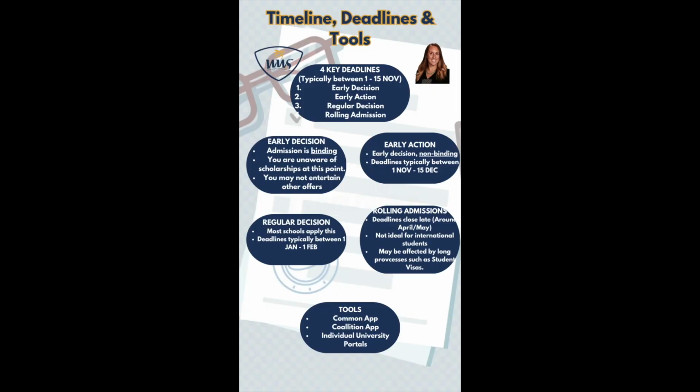The next thing that I suggest doing is using a calendar or a checklist, or even an Excel spreadsheet or a Google sheet, to keep track of the colleges that you want to apply to, what their deadlines are, where you apply to them, and where you are in the process. That is something that I tell all of my students and all of my clients.